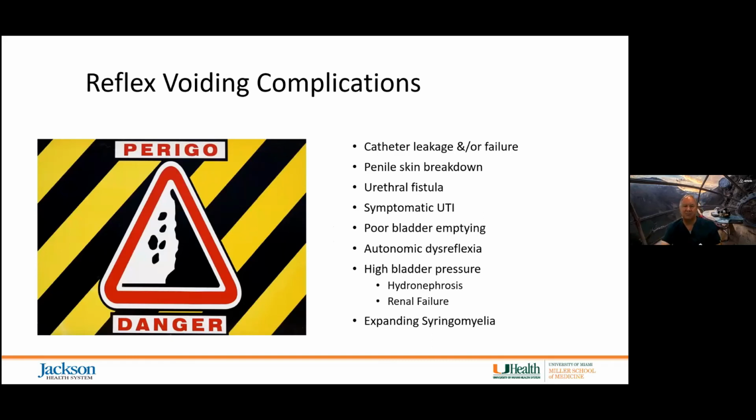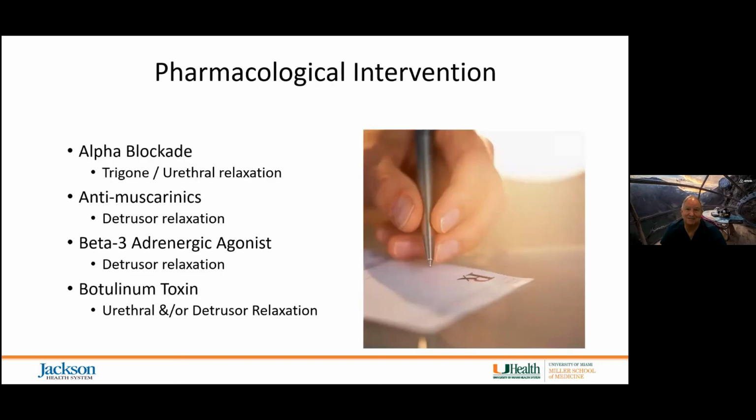And these are the complications associated with reflex voiding, none of which are very good, some of which can actually kill you. So trying to prevent autonomic dysreflexia, trying to prevent high pressure bladders and acute renal failure, these are all important things to consider.